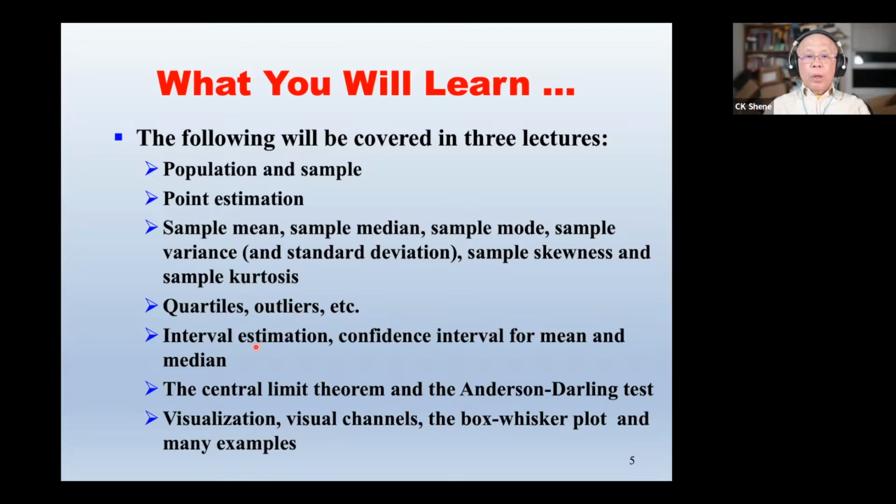We also talk about interval estimation, confidence interval for mean and median, the central limit theorem, and the Anderson-Darling test. And finally, we approach visualization, telling you the concept of visual channels and their impact on the presentation of your graphics, the box whisker plot, with many examples.